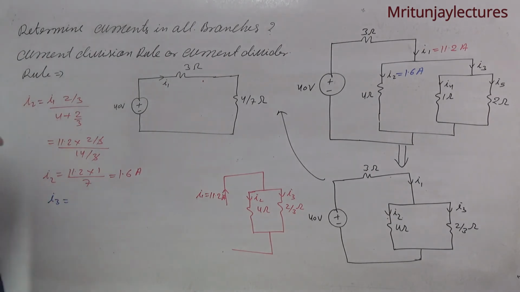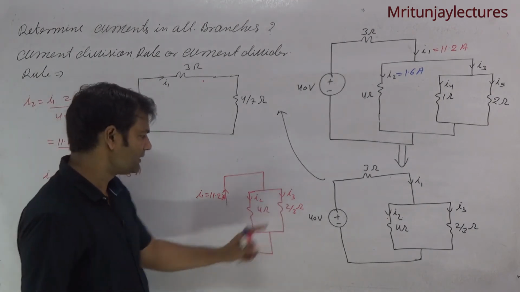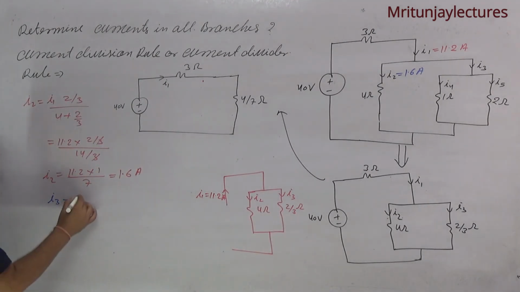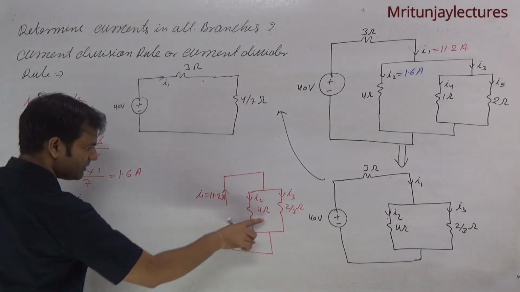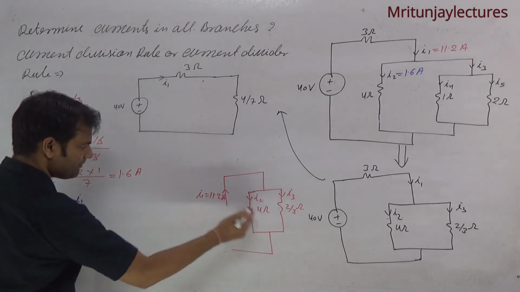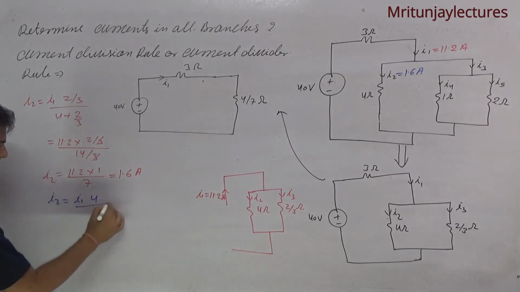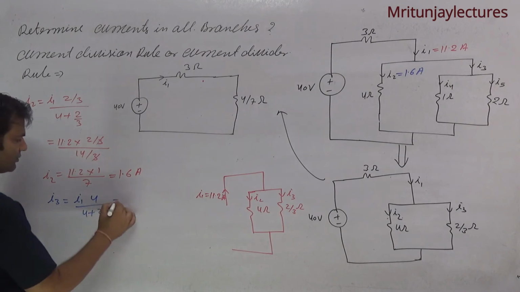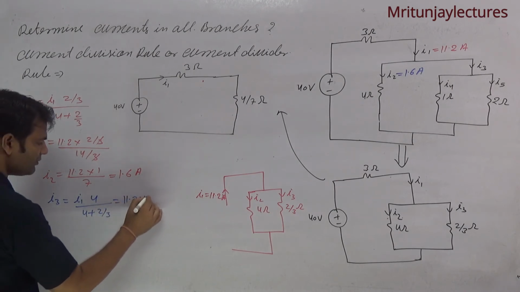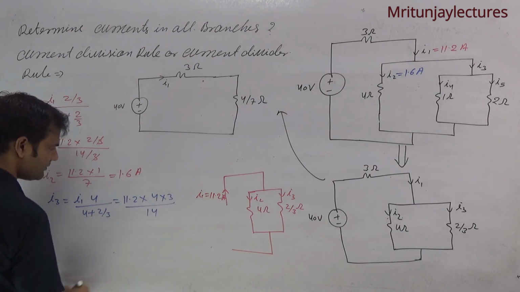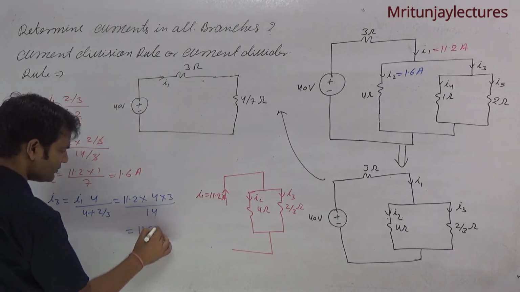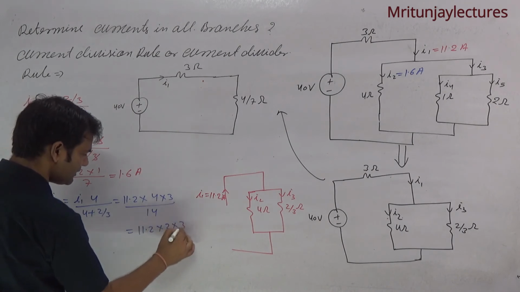I3 is written as, if you determine it with the help of the current divider rule, I1 into the parallel resistance, 4 divided by 4 plus 2 by 3. So that is 11.2 into 4 into 3 divided by 14, that is 11.2 into 2 into 3 divided by 7.